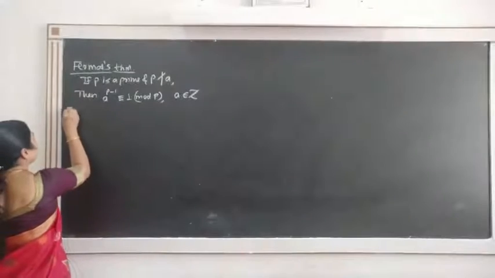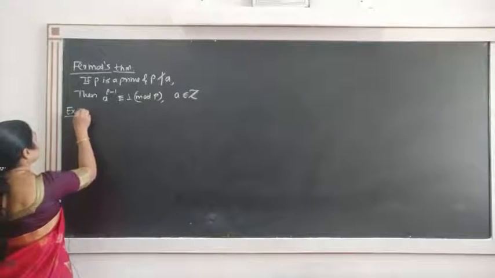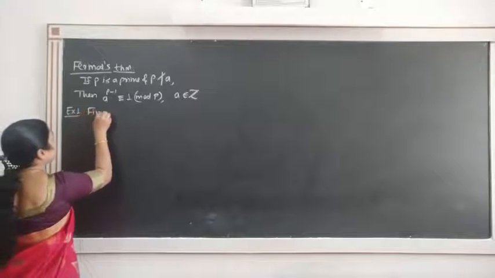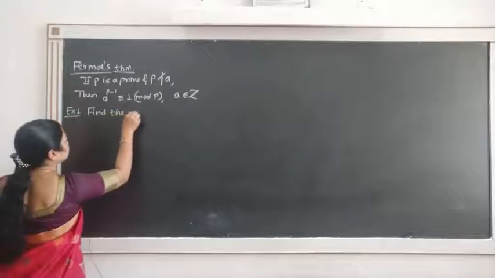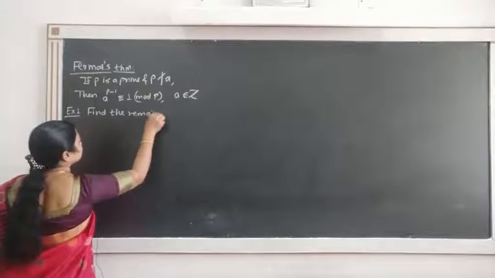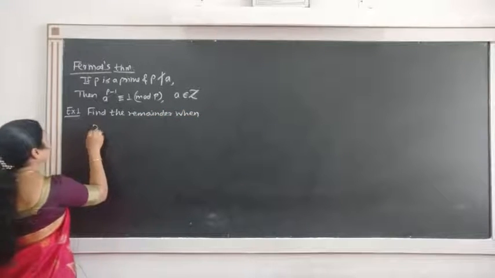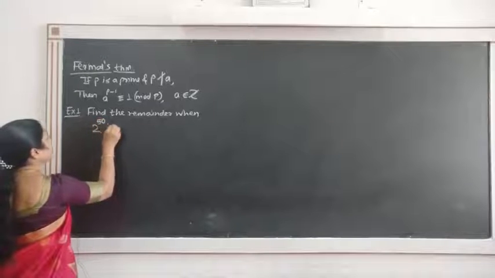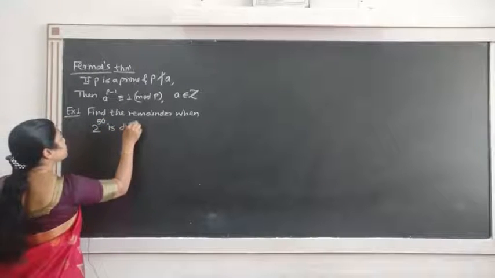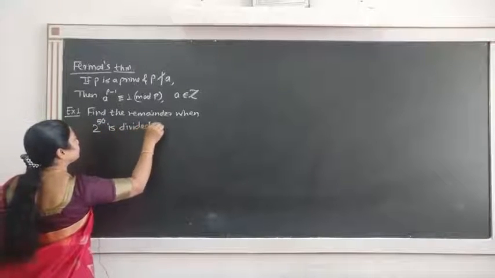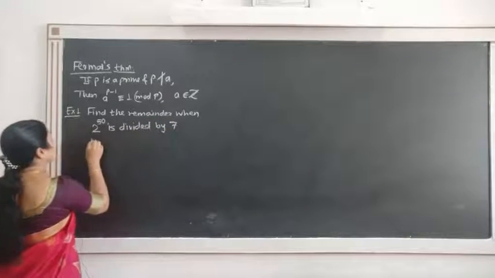So consider the first example. Find the remainder when 2 raised to 50 is divided by 7 using Fermat's theorem.